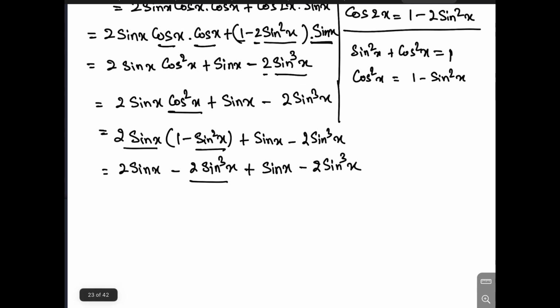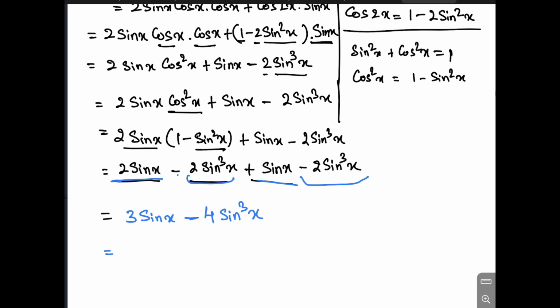So here 2 sin x plus sin x gives 3 sin x, minus 2 sin cube x, again minus 2 sin cube x, which gives 4 sin cube x.